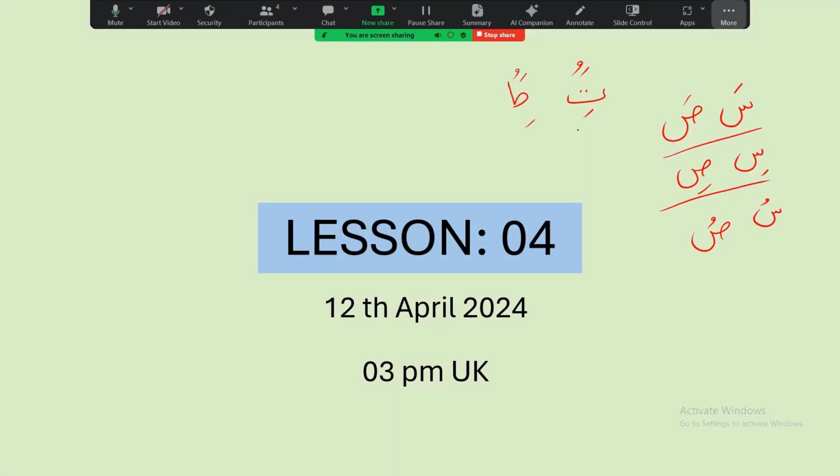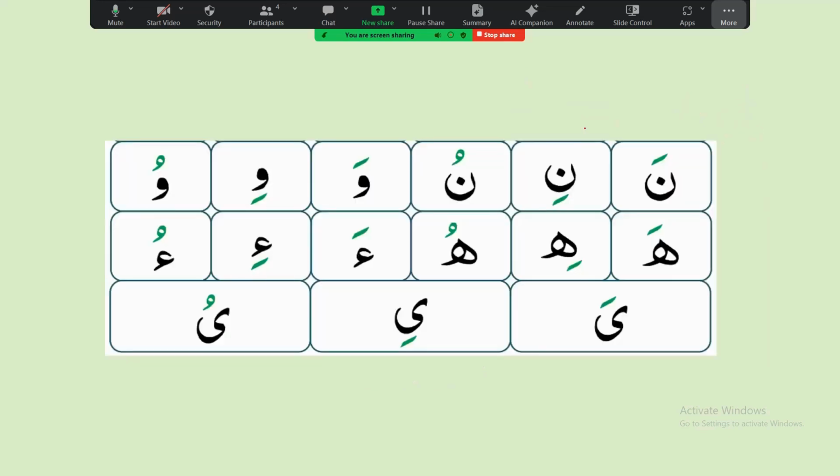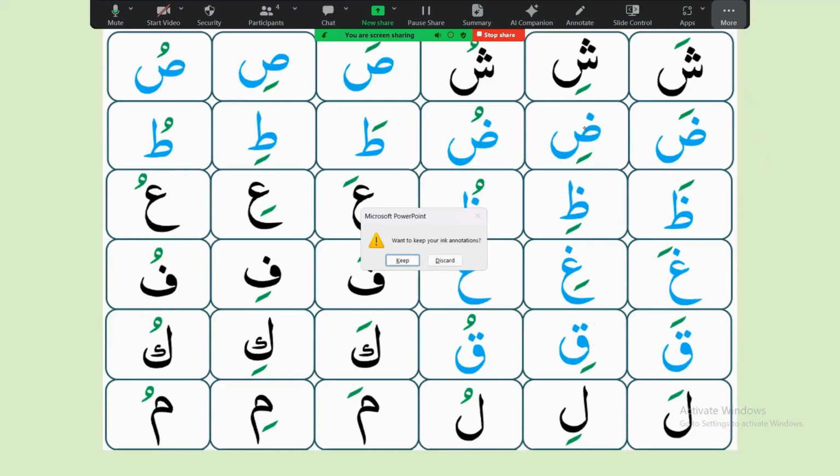So they have little differences in them with regards to the sound. Obviously the way they are written is different, but their sounds are kind of similar. So we will see how they are actually different. In the next session we will do this, but for today we will inshallah try to complete the letters with their names and their sounds.